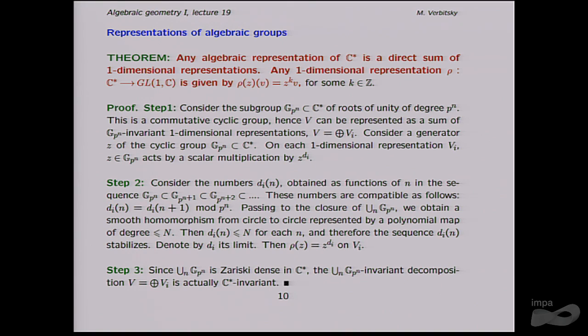I will consider a finite subgroup, G_{p^n}, inside C star, as a group of roots of unity of order p power n. This is a cyclic subgroup of order p power n.